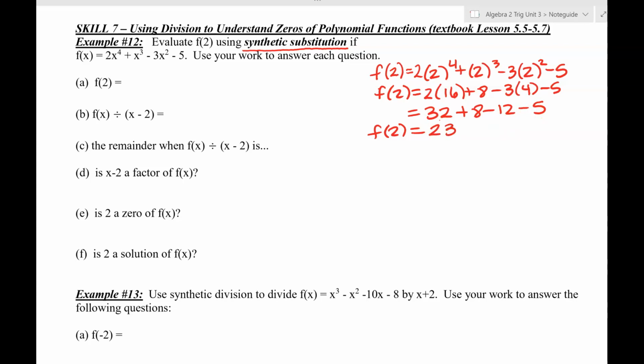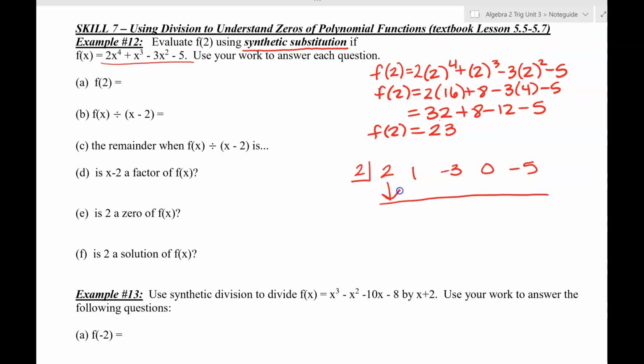Now, I want to show you something else. If 2 was the number in our synthetic division box, and we used this polynomial, the coefficients would be 2x to the 4th, 1x to the 3rd, negative 3x squared, 0x, and minus 5.